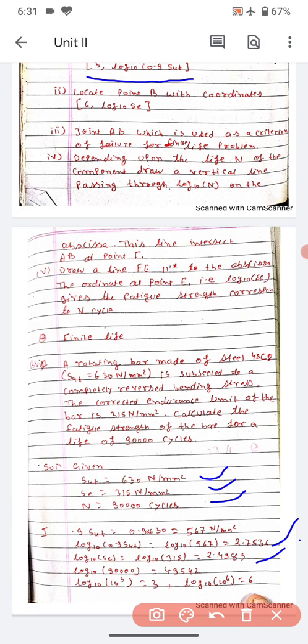Further, we take log 10 of 90,000, that is 4.9542, log 10 of 10 power 3, that is 3, and log 10 of 10 power 6, that is 6. Using this, you have to draw a triangle.